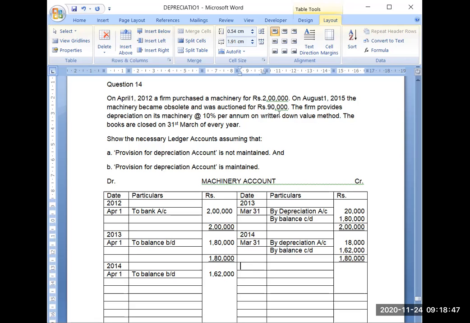So obviously 2015 will end on March 31st and this transaction is after 31st March. So again there is no transaction in 2014-15. We will follow the same procedure. By depreciation account.